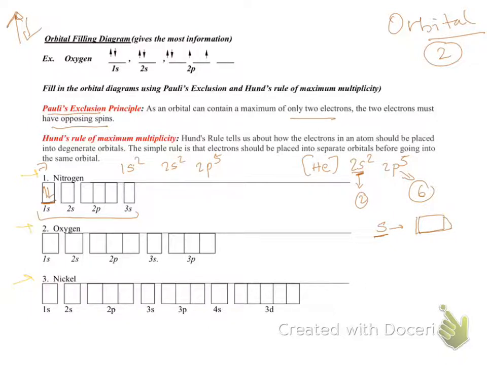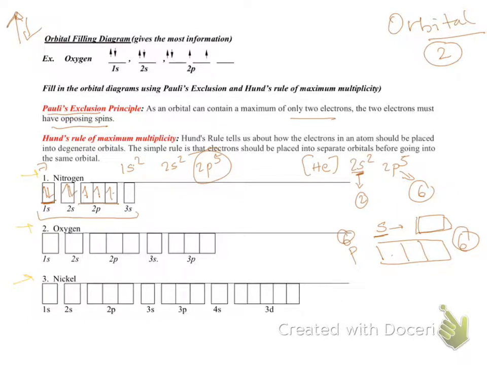So then 1s2, then 2s2. Remember the p sublevel, where we can put a maximum of 6 electrons, is made up of 3 orbitals: 1, 2, 3, and in each orbital you can put 2, so the total is 6. So this is the 2p sublevel made up of 3 orbitals. But how many do I have? I have only 5. When filling the electrons, first I place 1 in each orbital, and then I start pairing up.